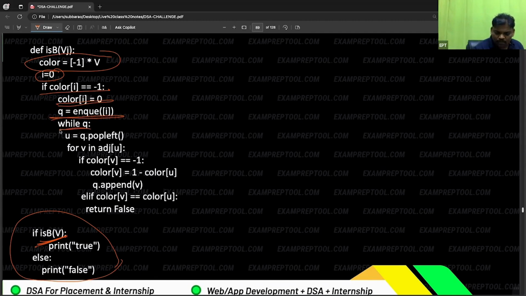While the queue is not empty, delete that person. Whoever is adjacent, find out and ask everyone what is the color. If the color is -1, keep the opposite of the parent's color and add at the end of the queue.